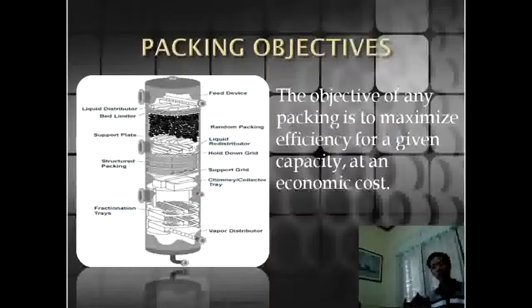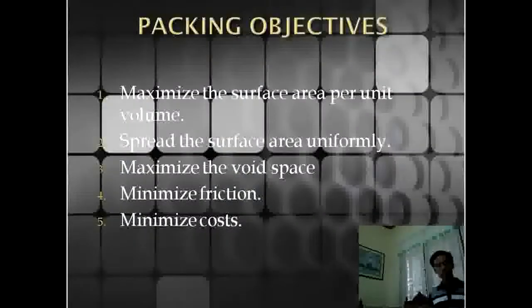So generally, we use packings to maximize the efficiency by providing a good surface area for phase contacting and economic cost. To achieve the goals of packings, these solids are shaped so as to, number 1, provide a large surface area for phase contacting.